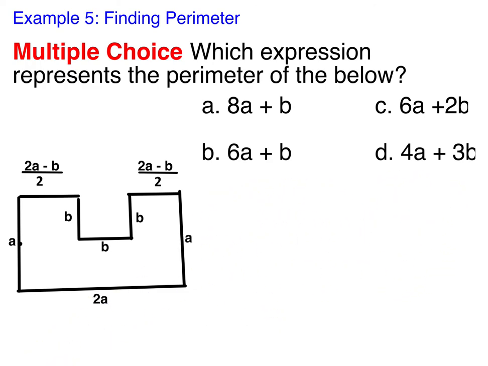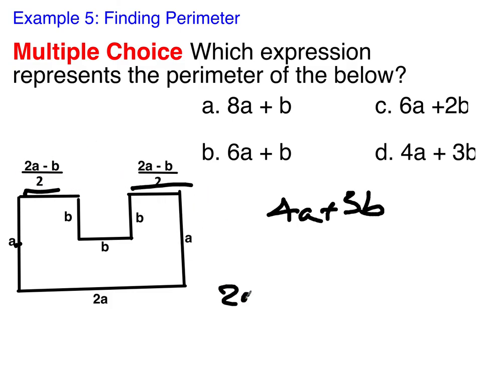I'm going to just start by adding up like terms, all the things that have a in them. Okay, so these three are just a. So I could say a plus 2a plus a, and that's 1, 2, 3, 4 a's. So 4a. There are 3 b's. And then I want to add these two sides together.